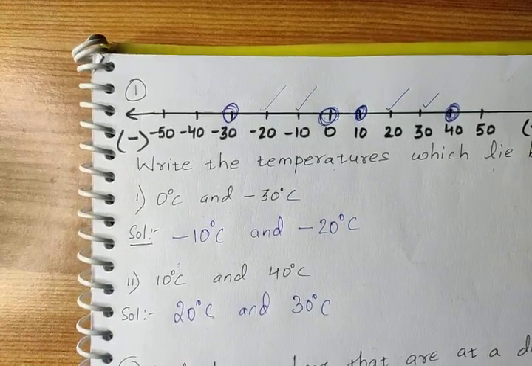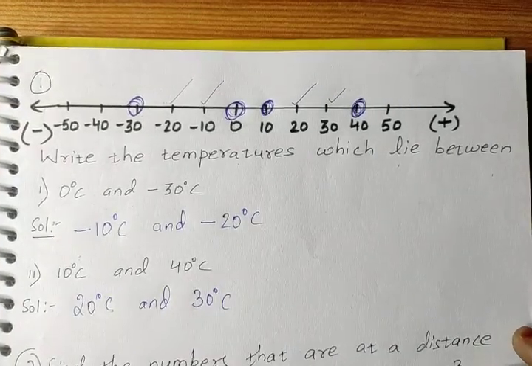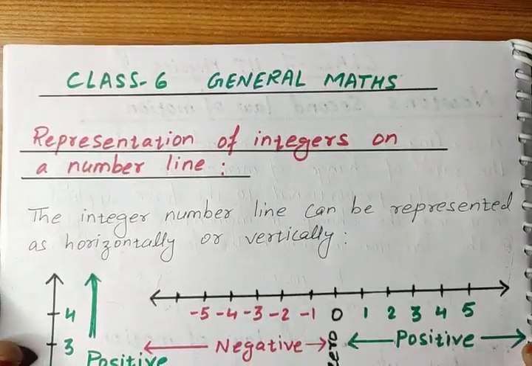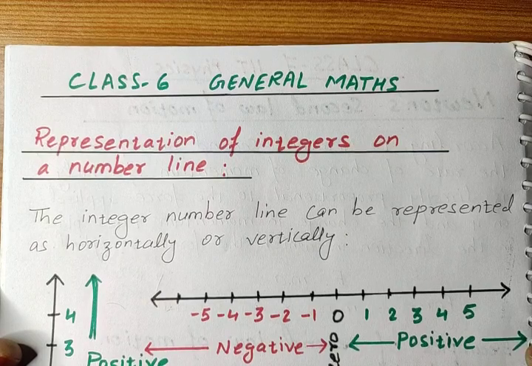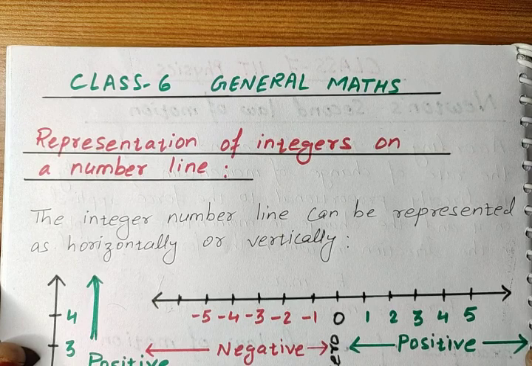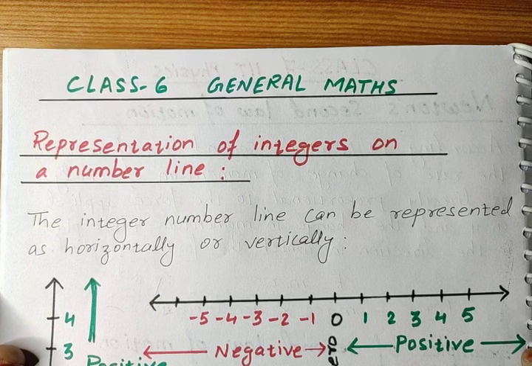Now we will go for the second question. Before that, please note this down. Take out your notes and give the heading Class 6 General Maths. The heading is Integers, Chapter 4, and the subheading is Representation of integers on number line.